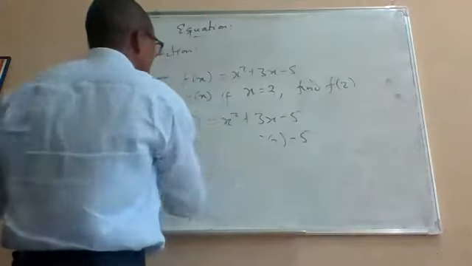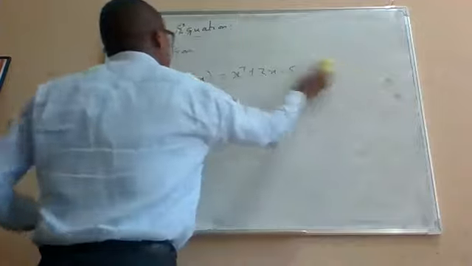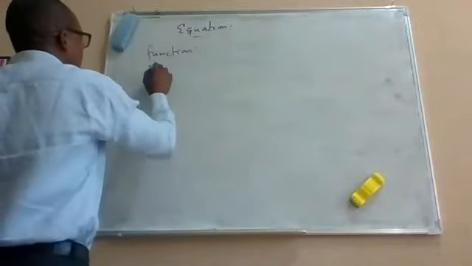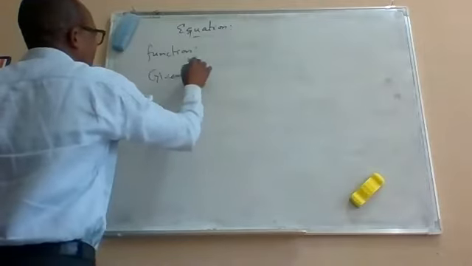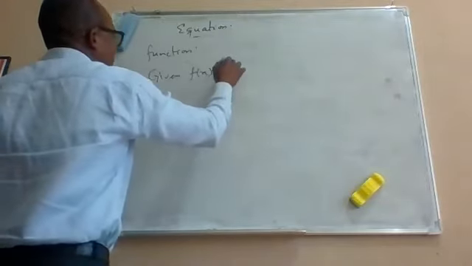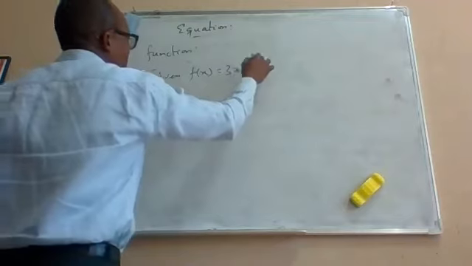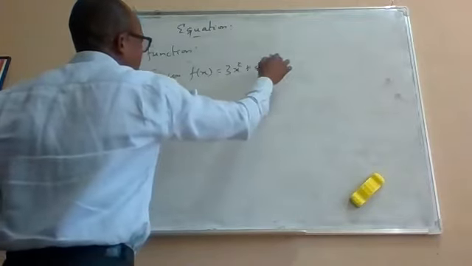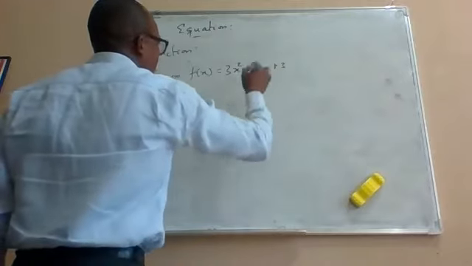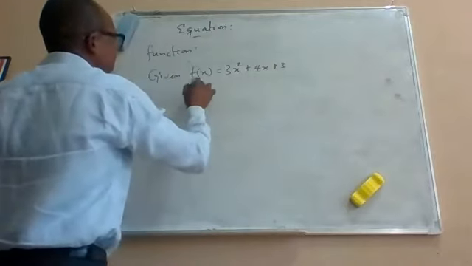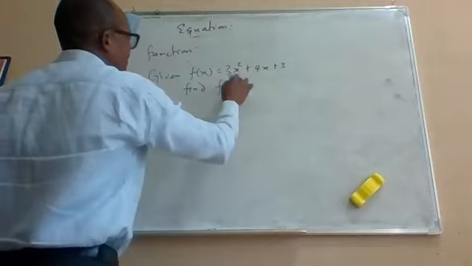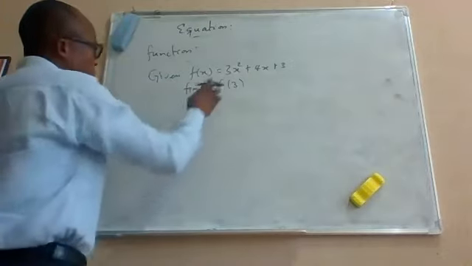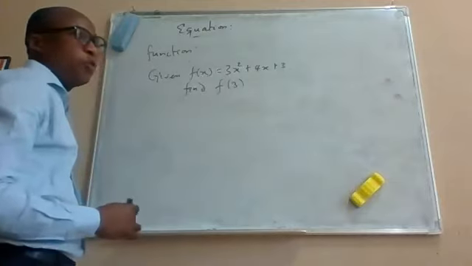Another example still on function before I go to equation. Given f of s equal to 3s squared plus 4s plus 3, the question is find f of 3. What we need to do is just substitute 3 where you have s.